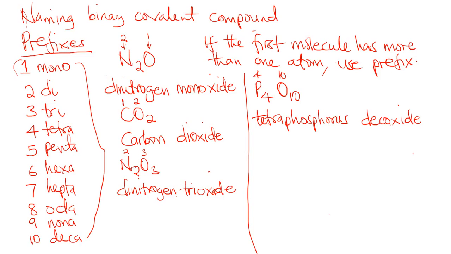This one can be deca-oxide, but because it sounds weird, we just remove the A and put O. So it becomes tetraphosphorus because there are 4 phosphorus atoms, decoxide because there are 10 oxygen atoms.